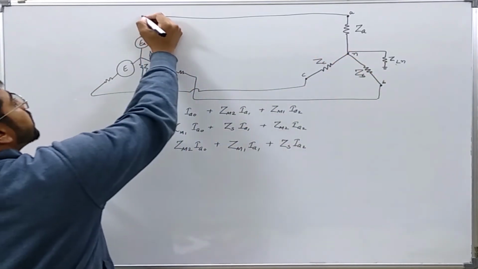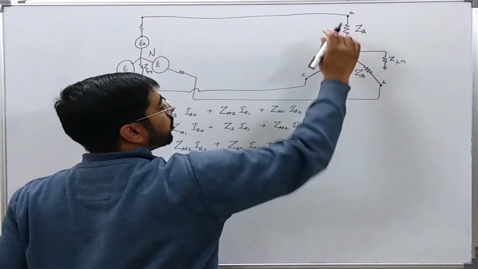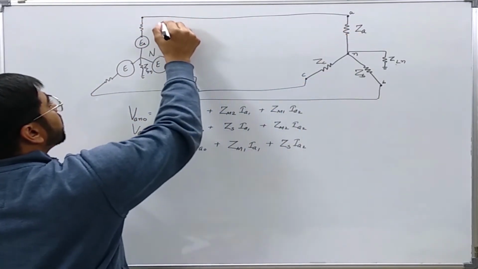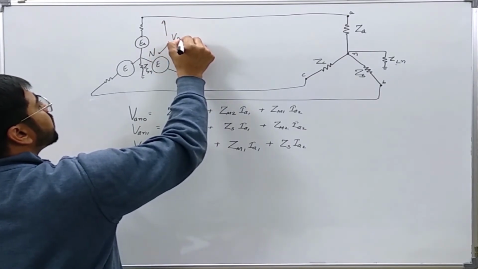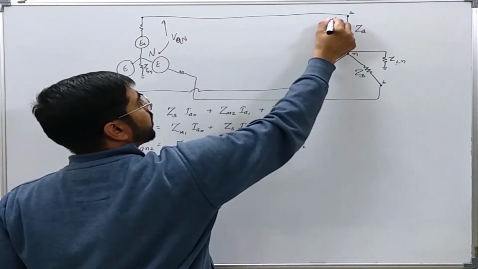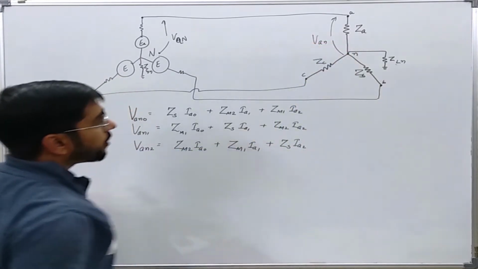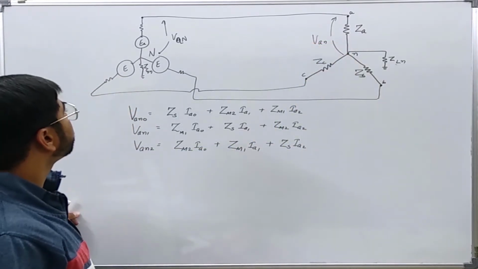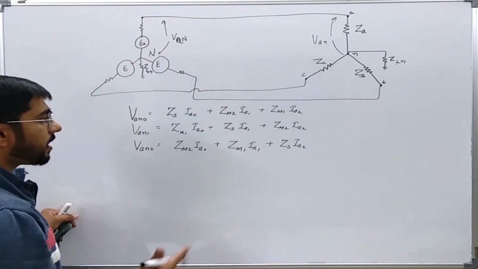Again this will be Van, this is Va small n. Here is voltage Van, and here is voltage Van.